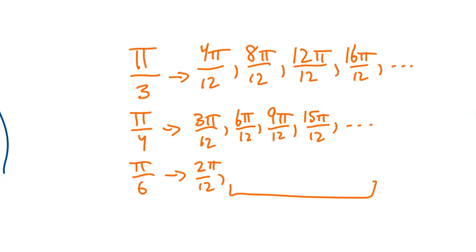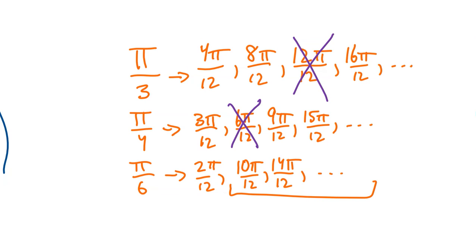So if you thought of 4 pi by 12 in the pi by 6 list, it's actually a pi by 3. 6 pi by 12, we already have that. 8 pi by 12, we already have that. 10 pi by 12. 14 pi by 12 is the next one that we don't have yet. Okay. The only other thing about this, folks, is 12 pi by 12 and 6 pi by 12 don't work.